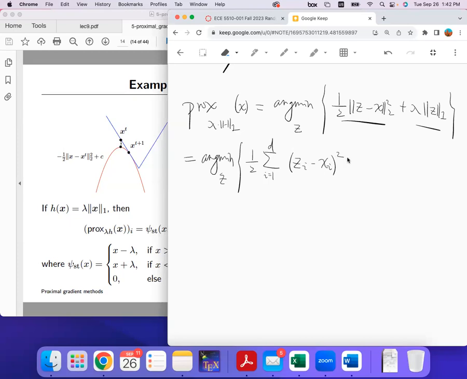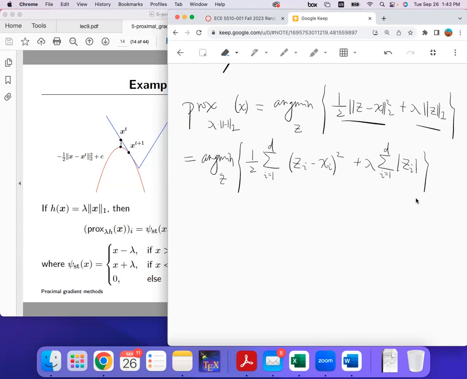Entry-wise, raise it to the power of 2 and take the summation. This is the L2 squared. And the L1 norm, by definition, is lambda times the entry-wise summation of the absolute value. And you can see all the dimensions are perfectly separated.